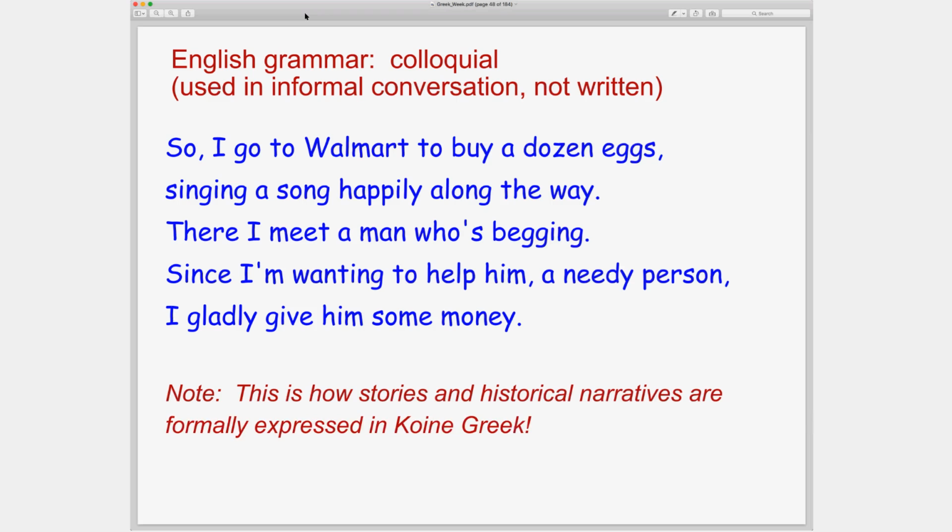So I'm at the Walmart, I park my car, and I get out of the car, and there's this man. And I didn't know who he was, but I was singing a song. I don't know who he is, but I meet this guy, and he's begging. It's like, I'm thinking to myself, what do I do?